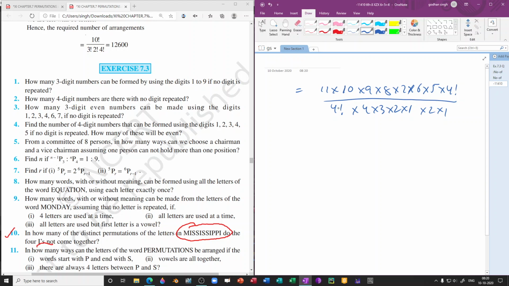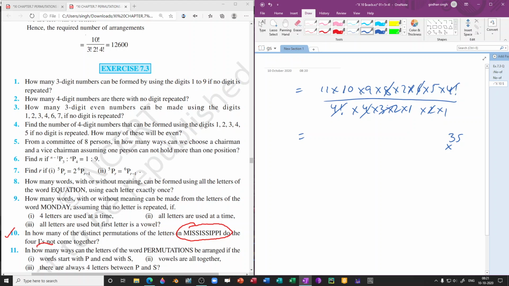So cancelling 4 factorial and 4 factorial, and then 3 and 2 together will become 6. So this will cancel the 6, and 4 and 2 together will become 8. So it will cancel this 8, and what we'll be getting is 7 into 5 is 35.